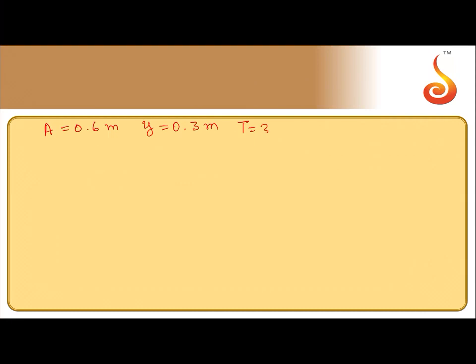So time period is given 3.14 seconds. So you need to find t for reaching y. So we know that y is equal to a sine omega t. So that can be written as a sine of omega, which is 2 pi by T, into t. This is y.